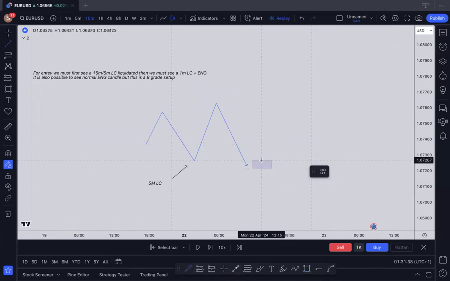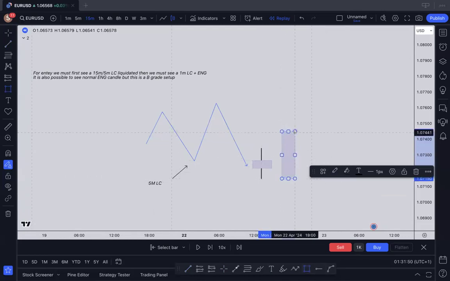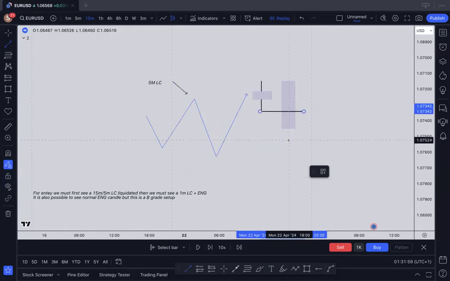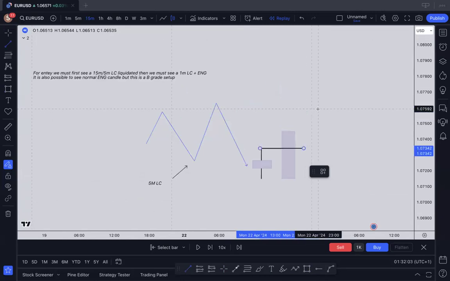Okay, so a liquidity candle, and then an engulfing candle. So this candle must take out the high of this candle, or if we're in a bearish scenario, it must take out the low of this candle. Okay, this here is an A grade setup.